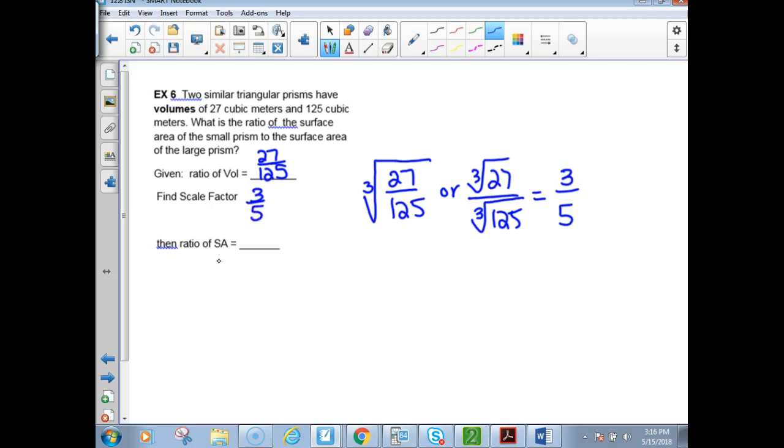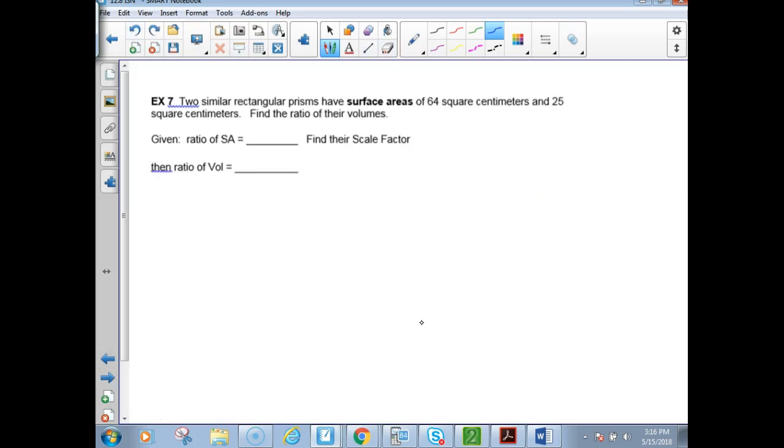What would be the ratio of the surface areas, or any area, would be 3 squared to 5 squared, so that's going to be 9 to 25. So you can go forwards and backwards with these. Number 7 says two similar rectangular prisms have surface areas of 64. That means I've got the area ratio of 64 to 25.